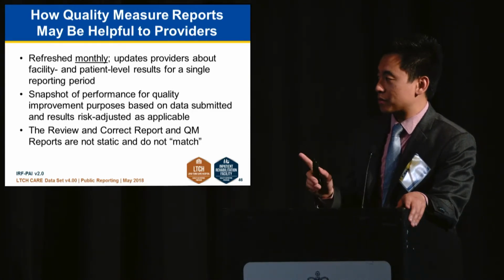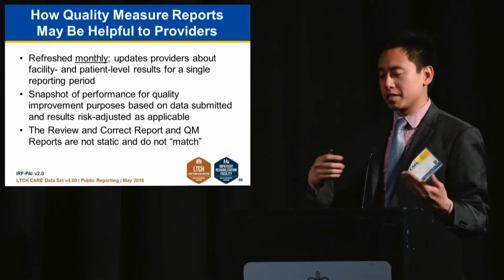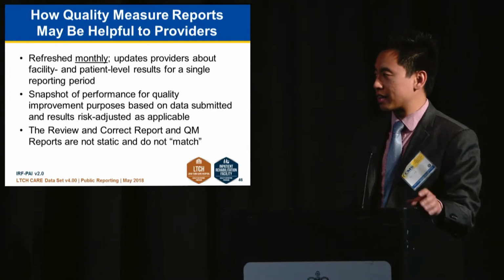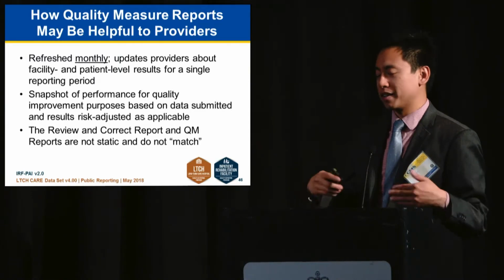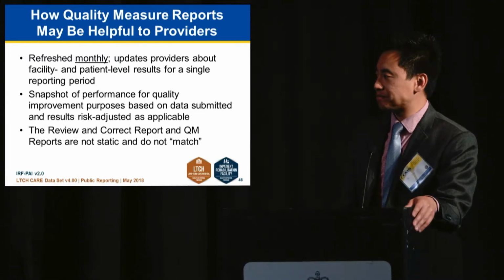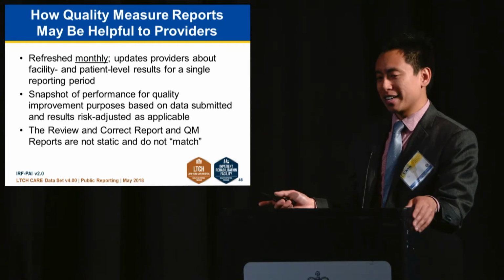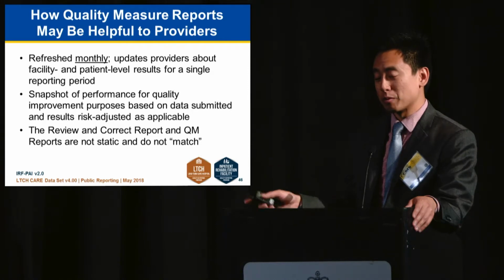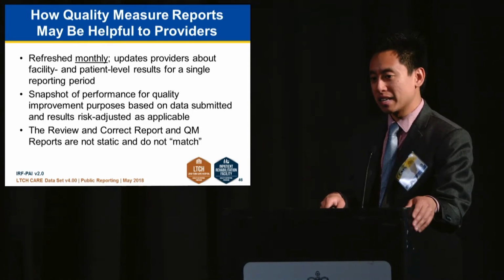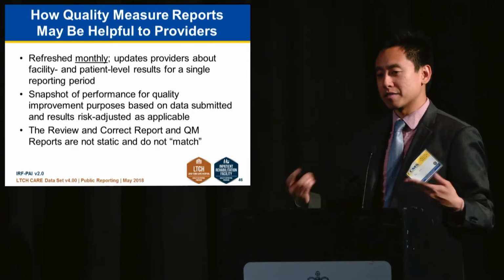And like I said before, the review and correct reports and QM reports are refreshed differently. They work in different ways. For example, if you correct your data after the data correction period for the review and correct reports, it will not be reflected in your review and correct reports because the data is frozen.